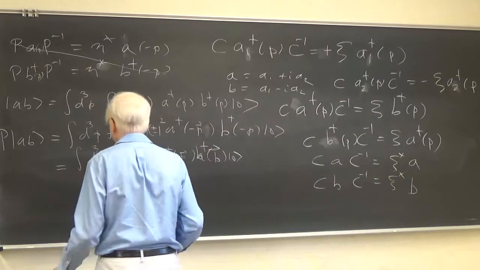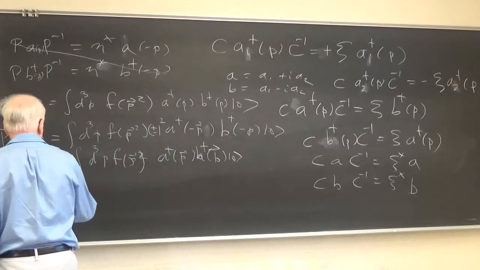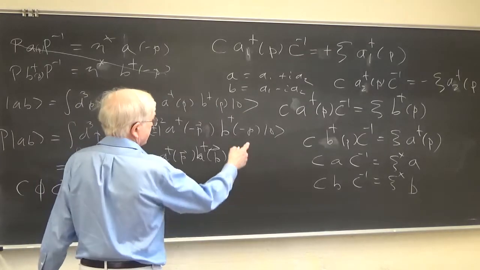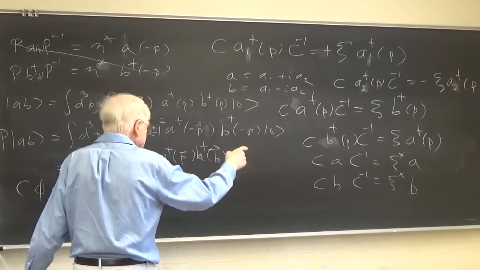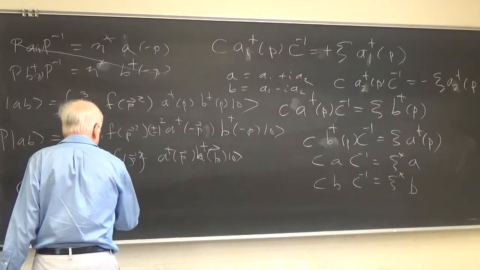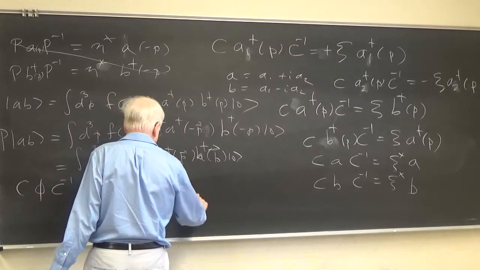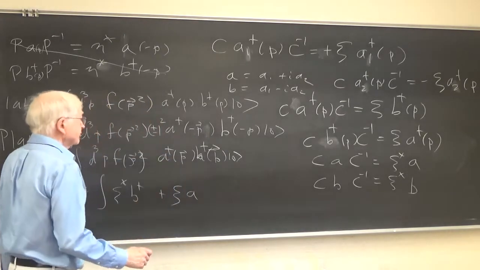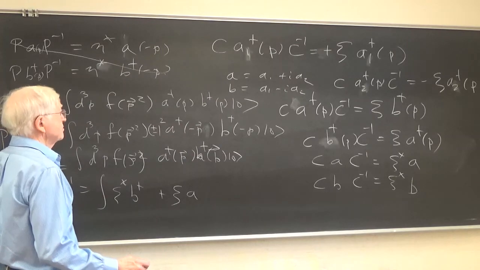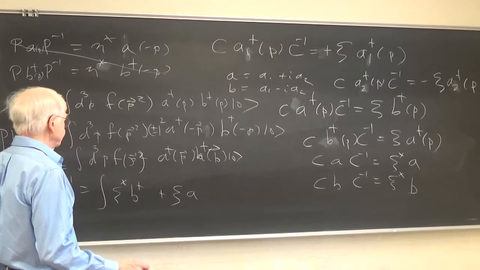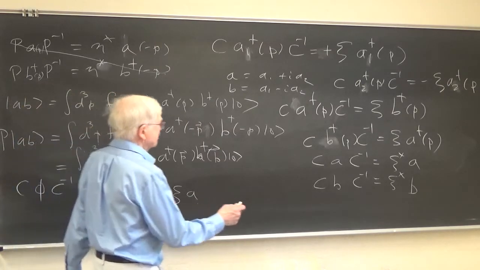And so the field, C inverse is an integral. The A's changed by C star, the B daggers by C. So if we want things to be C star B dagger plus C A, no, I've screwed this up again.